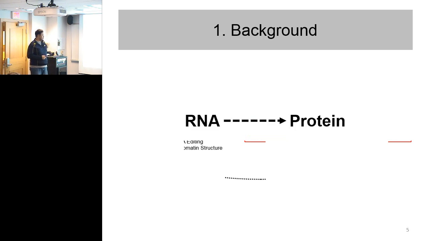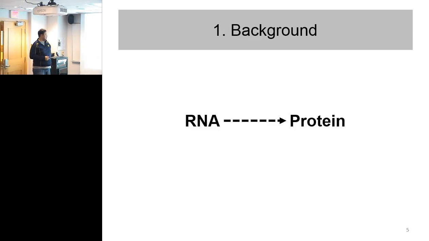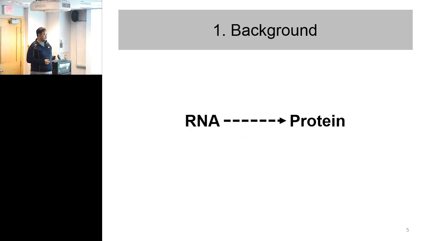To give some perspective on some of the techniques that are commonly used to measure the output or the activity of a cell to transcribe and then ultimately translate RNA to protein. We have RNA-seq and mRNA-seq to look at the total transcriptional content of a cell or group of cells.